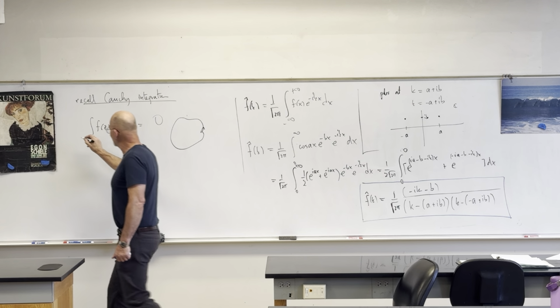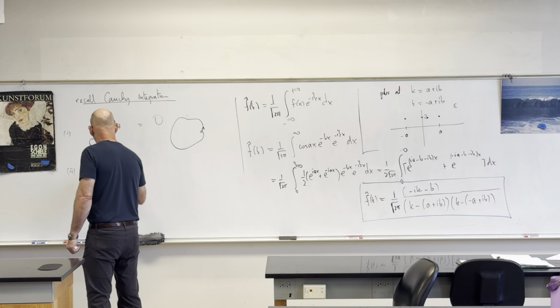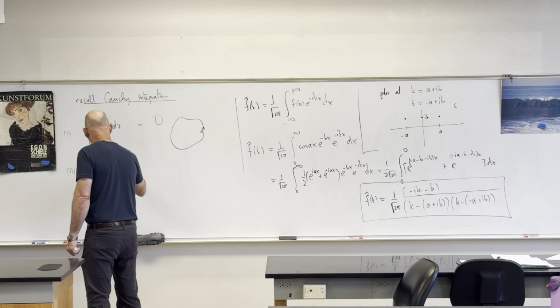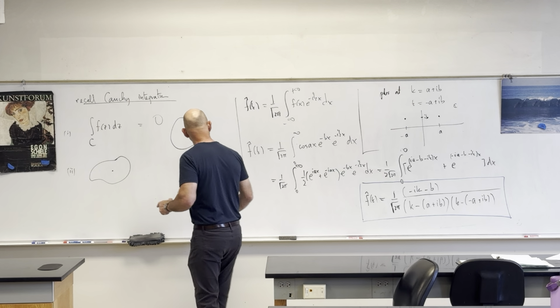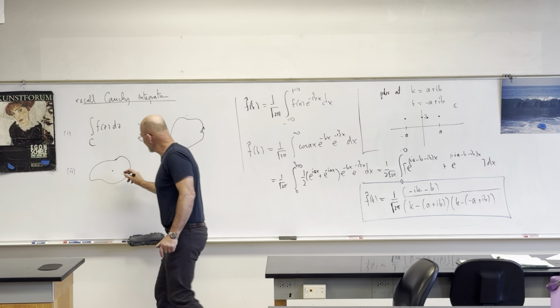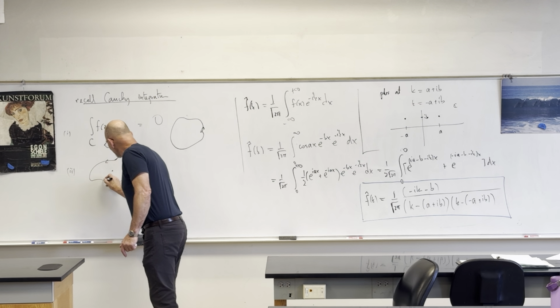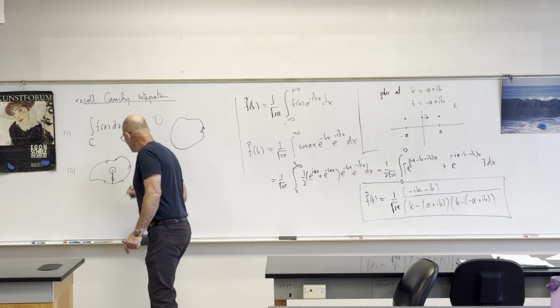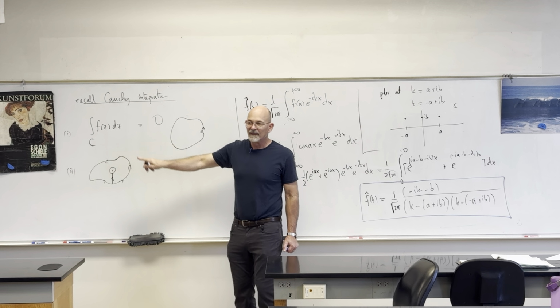And then the next thing we had was if we were circling some singularity, and that was exactly what these guys are. So we had a singularity here, and we said, okay, we'll just go around here counterclockwise. We'll loop around this thing, and now this theorem is still satisfied.